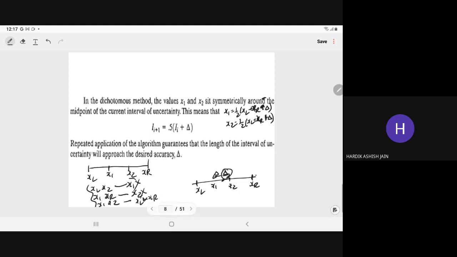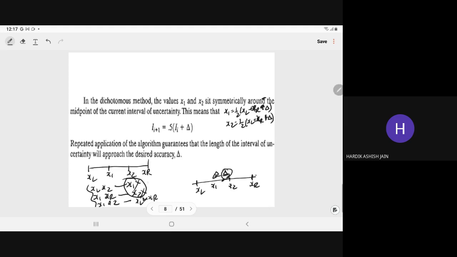Because we have computed these two points and have to discard one, the question arises: can we use these points in the further steps? We can, because it will ease our computation.